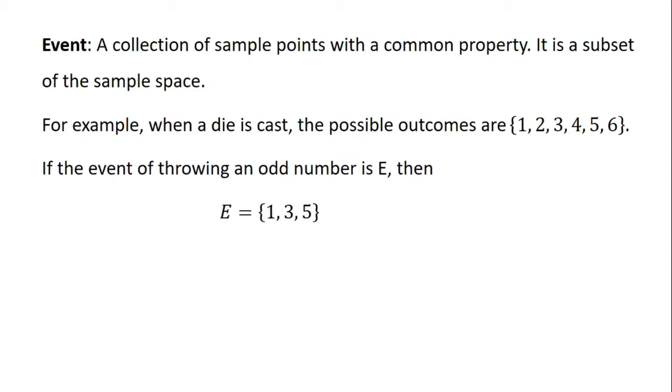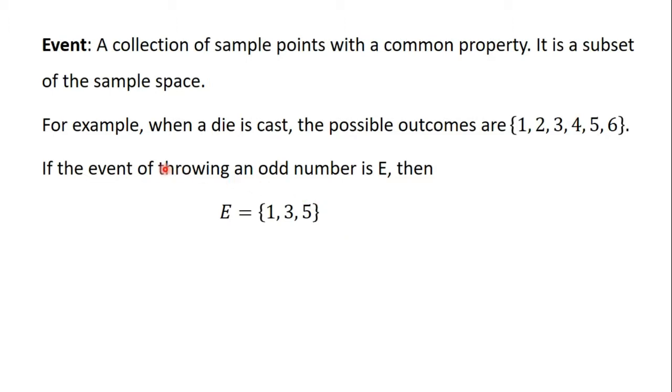Now, if the event of throwing an odd number is E, that is, the collection of odd numbers in this sample space is E, then E is equal to 1, 3, 5. So you can see clearly from here that we selected 1, 3, 5 from this sample space.